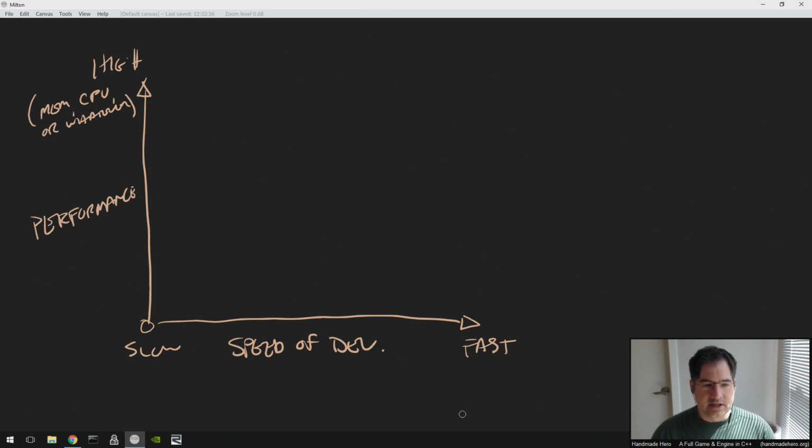Okay? If you look at something like assembly language, it is like here. I can do anything. I can make the best program, but it takes an incredibly long time for a number of reasons.